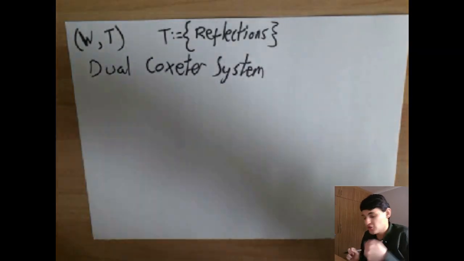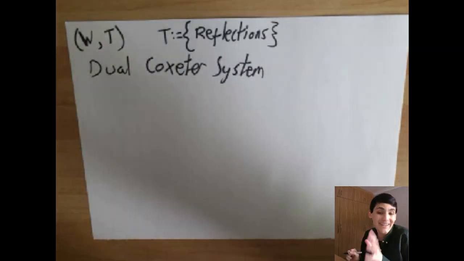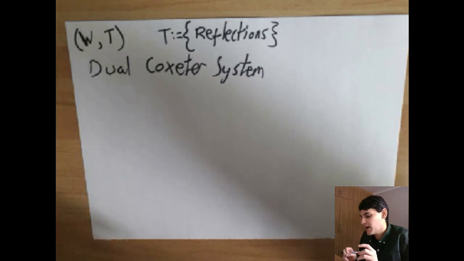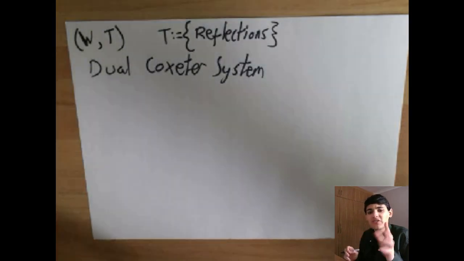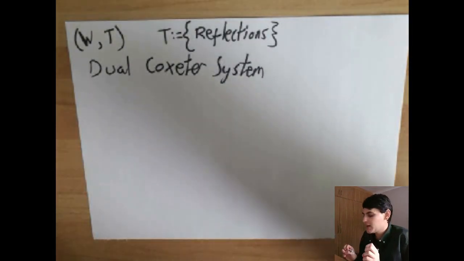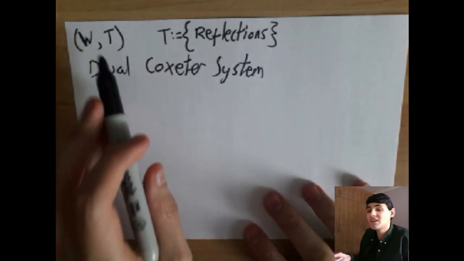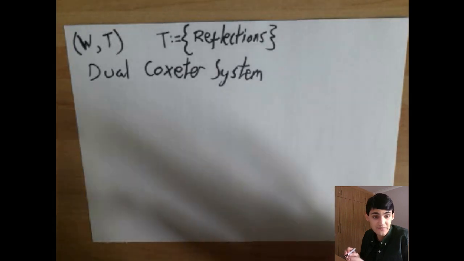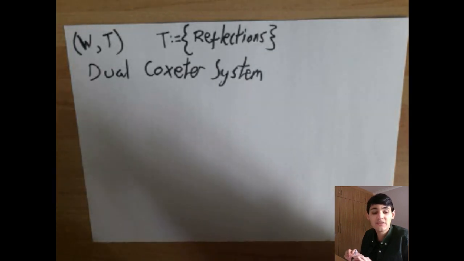Because you can classify all Coxeter systems, based on their generators and stuff like that. But WT doesn't always show up. A good example is in S3, where the minimal generating set would be adjacent transpositions, (1 2) and (2 3).